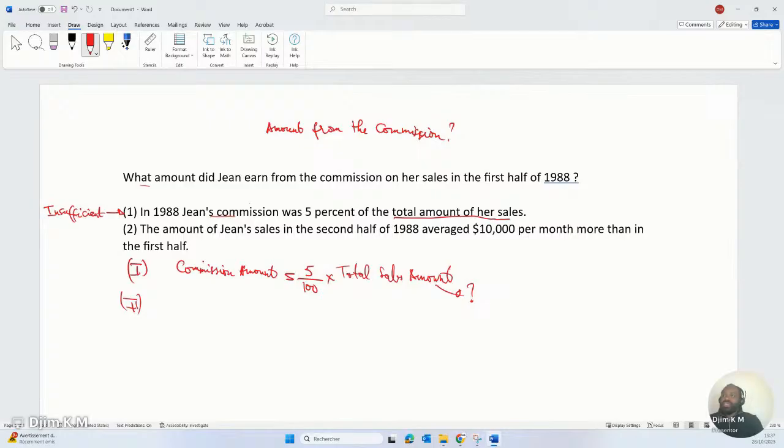So if we say that the commission amount in the first half is C1, and the commission amount in the second half is C2, I think here it says averaged.